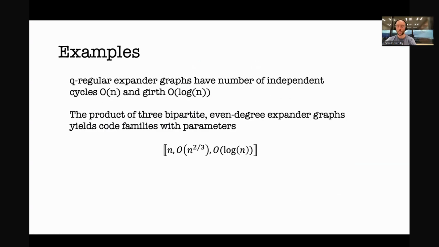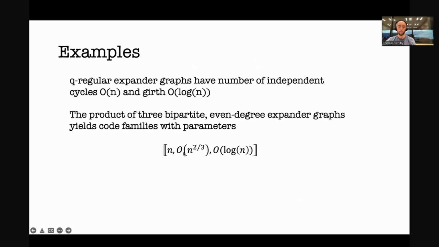So an asymptotic example that you can do is if you take one of these Q-regular expander graphs, because these have a number of independent cycles that is linear in the size of the graph, and then they have a girth that is like log of the size of the graph. So if you take the product of 3 of these, you're going to get codes with these parameters.